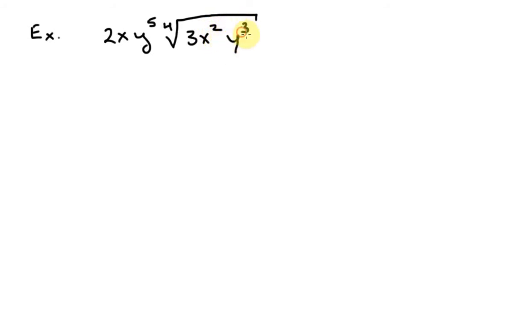Okay, so in this one here, we're going to try to put all this together here. We're going to have a 2x and then y to the 5th. And then we're going to look at a 4th root of, and what do we got in there? 3x squared and y cubed. So, boy, we got everything and the kitchen sink.